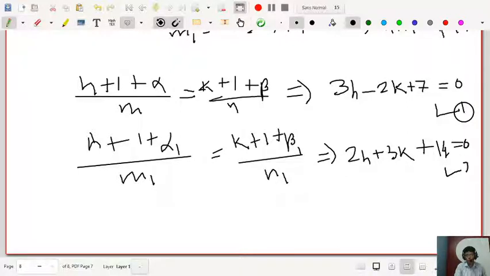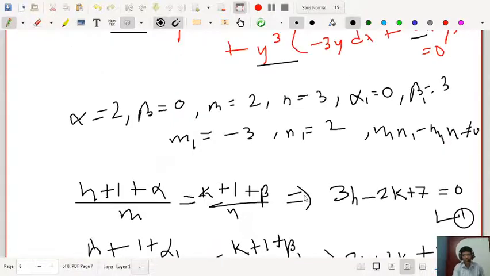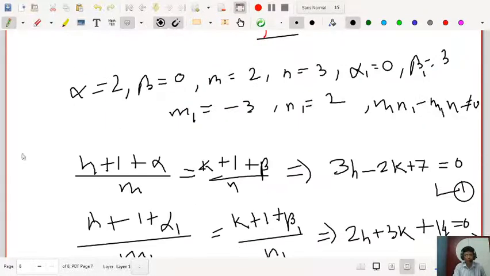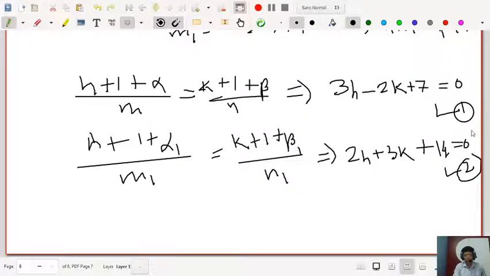This is equation 2. Okay, this is very simple. You just have to write the equation in this form, otherwise you can't do that. And finally you have to substitute and get the simultaneous equation.